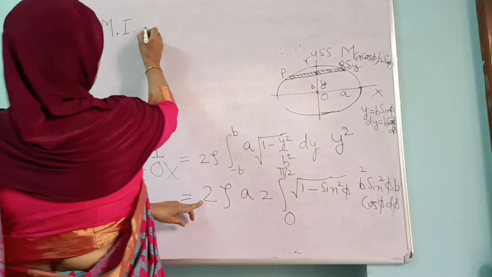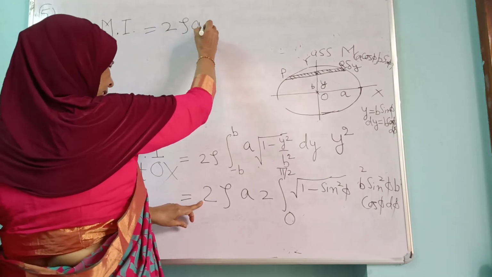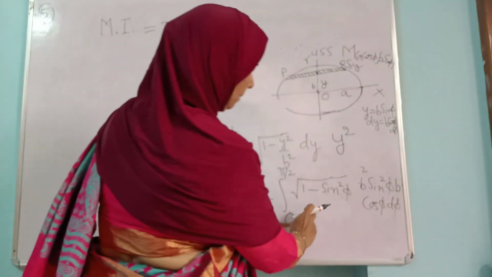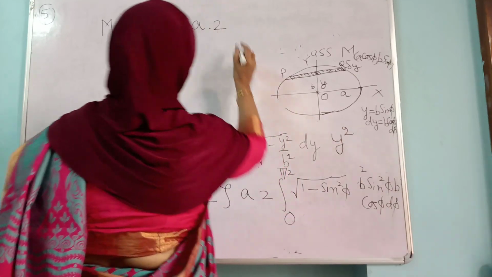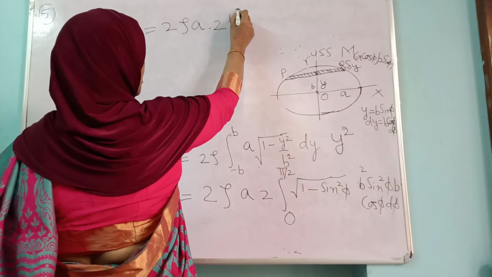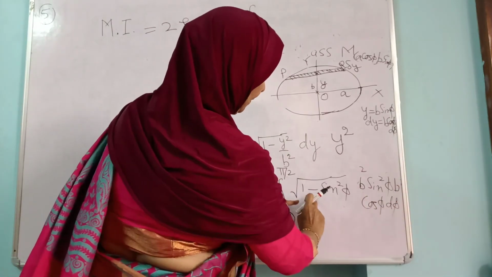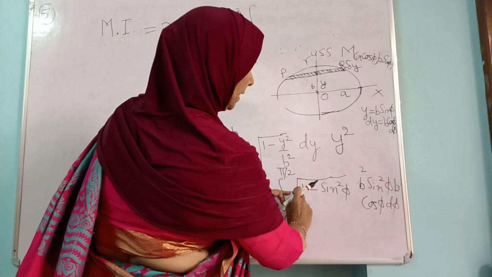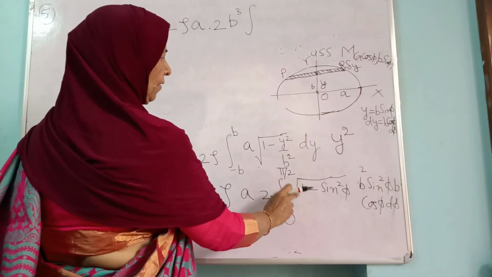So it will be equivalent to 2 rho a, and then again 2, and then b square and b, so it will be b cube. And this is under root 1 minus sin square phi, this is cos square phi, and it is under root, so it will be cos phi.